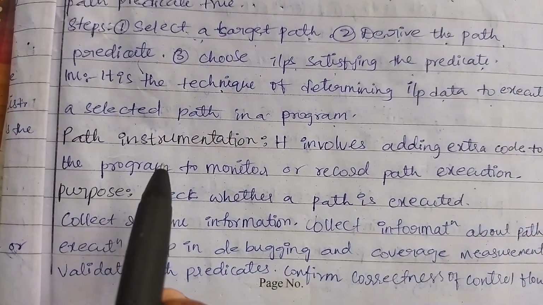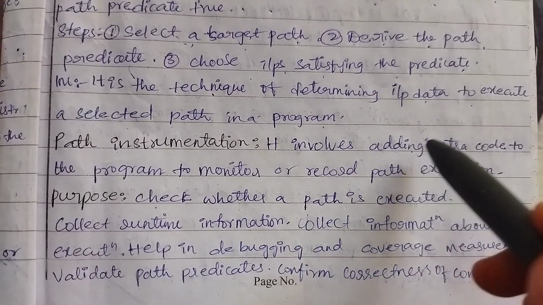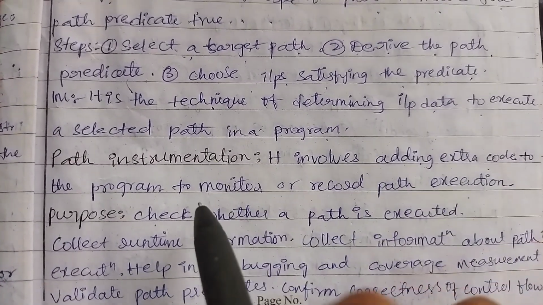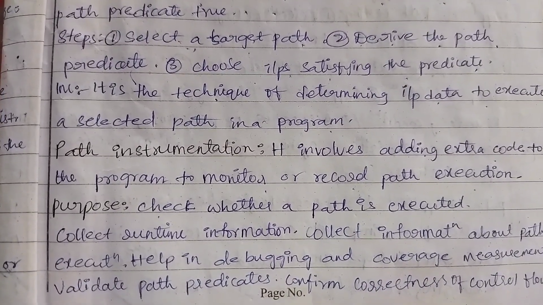Path instrumentation involves adding extra code to the program to monitor or record path execution.